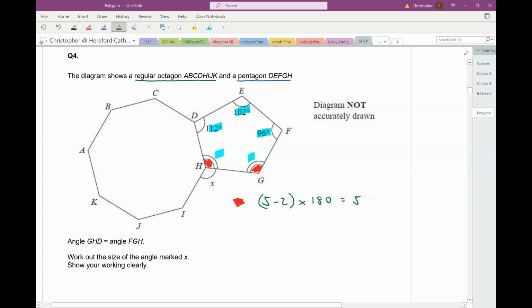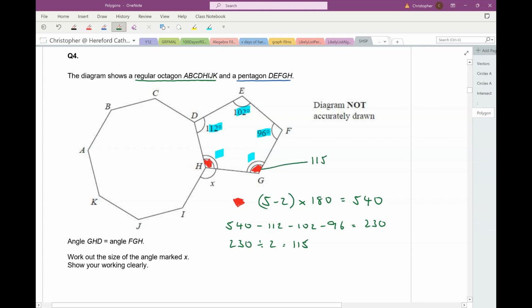So the total number of degrees inside a pentagon is 540. Let's subtract the angles that I know about. I know about 112, 102, and 96. So how many degrees does that leave me with? 540 minus 112 minus 102 minus 96 leaves me with 230 degrees. So each of those red angles is 230 divided by 2. So each of those red angles is 115.